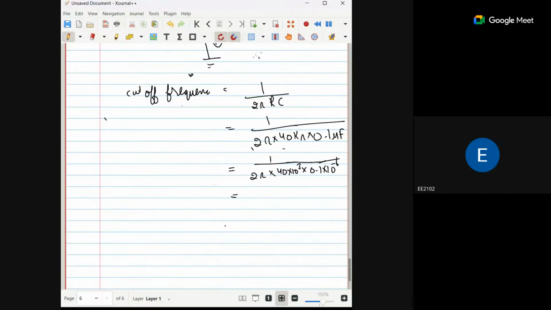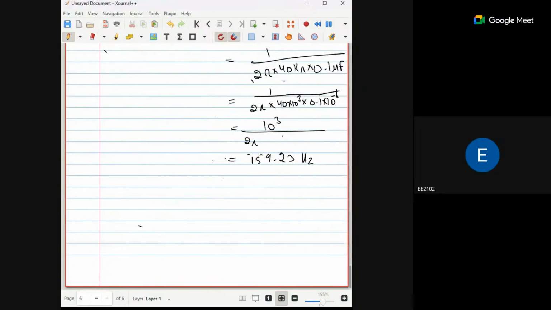So that is 1 upon, that is 10 to the power 4 and 10 to the power minus 6, so it is 10 to the power 3 and round about 5. It is 1000 by 159... 3 hertz.